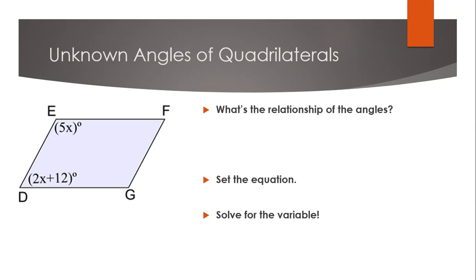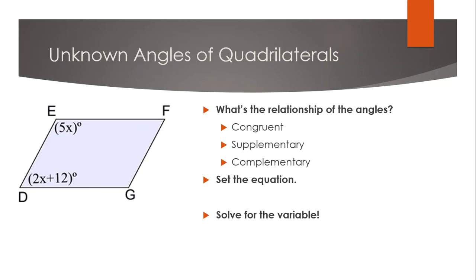Now, on to unknown angles of a quadrilateral. Again, what we want to do is figure out the relationship of the angles. Once again, we have a parallelogram. I know based upon our fact sheet that in a parallelogram, consecutive angles or same side angles are supplementary, which means they add up to 180 degrees.